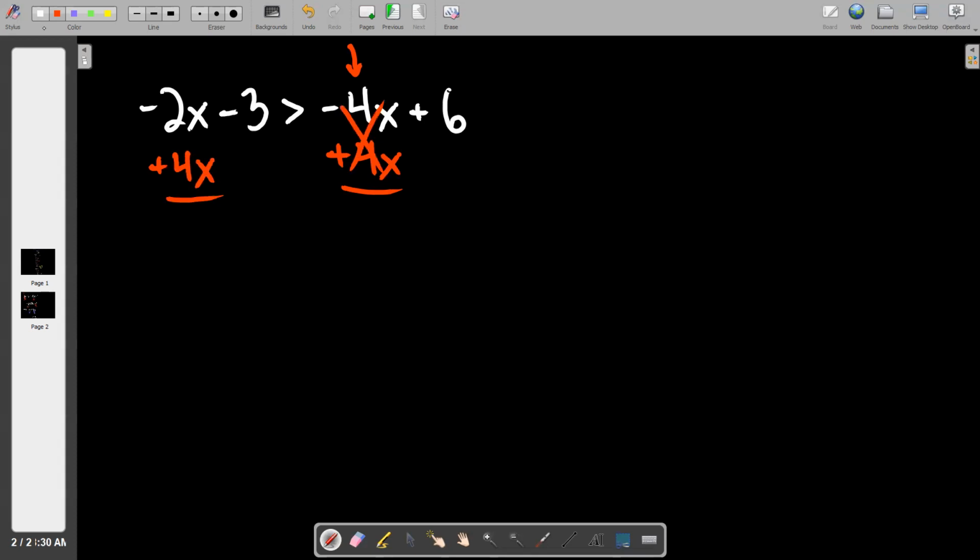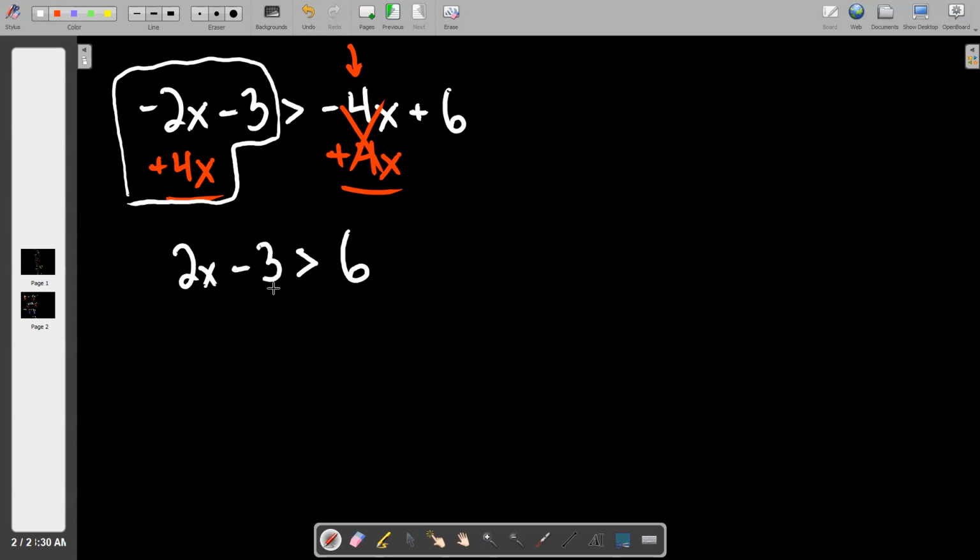I'm going to cancel these ones out, and now I'm just going to bring a bunch of stuff down. So the sign stays the same. The 6 is the sole survivor on the right side. What's my left side going to say? What's all of this going to say in this white box? Change that for me. It's not -2. What is -2x plus 4x? So I have 2x minus.